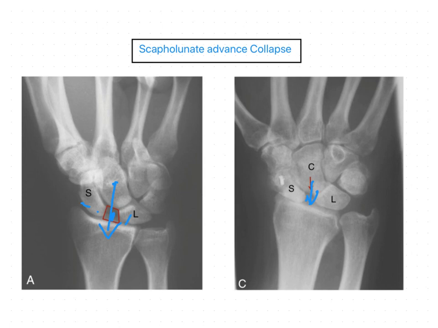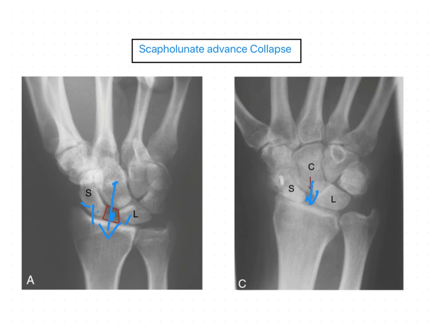This is called scapholunate advanced collapse: the proximal migration of the capitate into the space between the scaphoid and lunate, with degenerative changes observed in the radioscaphoid and capitate joints.